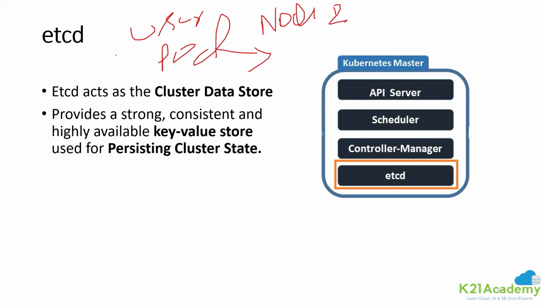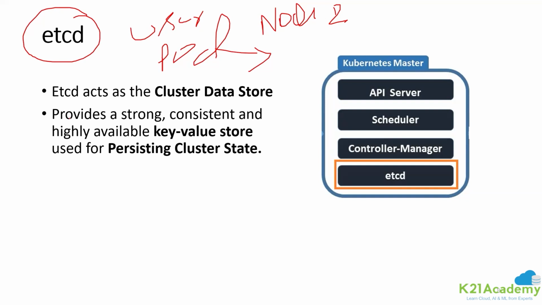How many users we have: Shantanu, Hari, Rajesh, Mahesh, Manoj, Mudassir, and what are the roles they have. All the stuff will be persisted inside the etcd. It is going to persist only the cluster information, not your application information. So it acts like a database for your whole Kubernetes cluster. All the information regarding your cluster will be persisted inside the etcd.